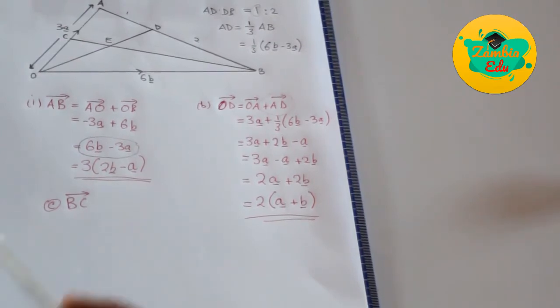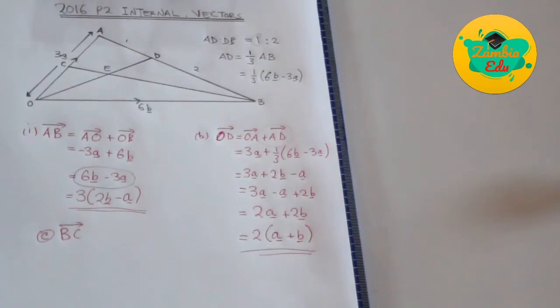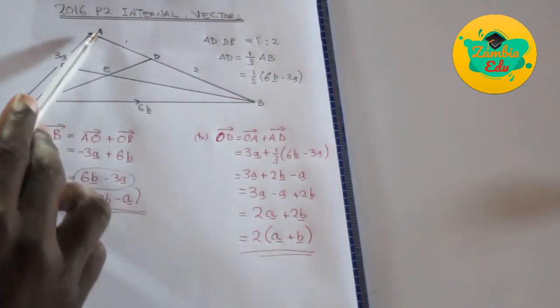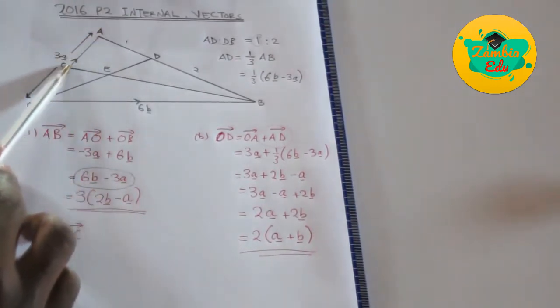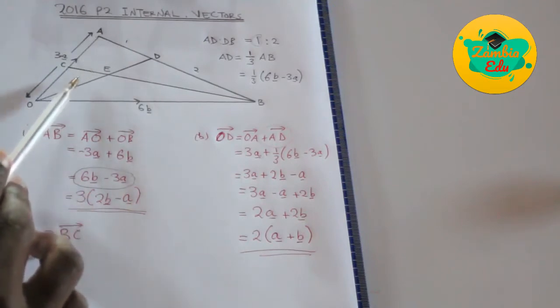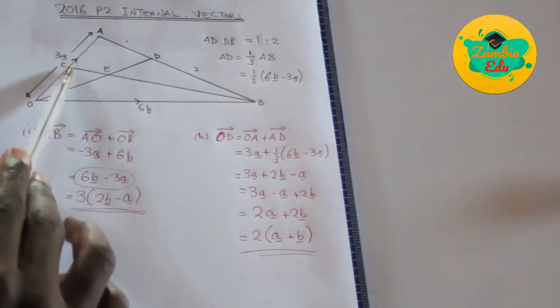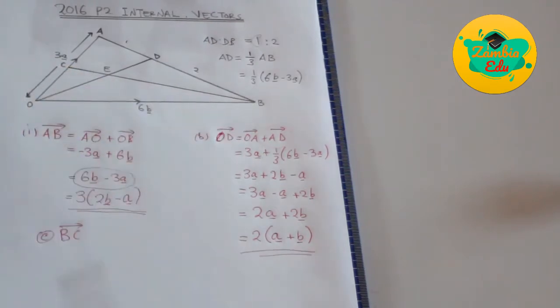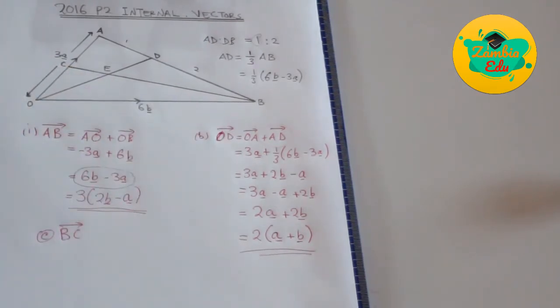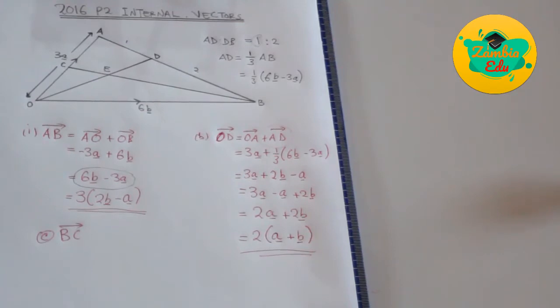So where is BC on our diagram? When we look at our diagram there, we're able to see BC. Okay, so BC is that route there, from there all the way to there. That is our BC.